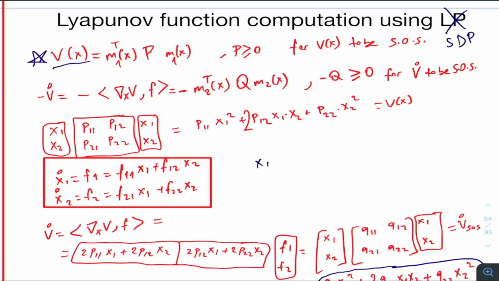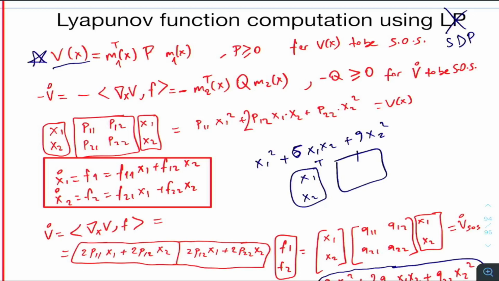okay, x1 squared plus 5 x1 x2 plus 6 x1 x2 9 x2 square, right? Okay, so I mean, this sounds like a SOS, right? But we don't know this, right? So we are going to parameterize this, right?